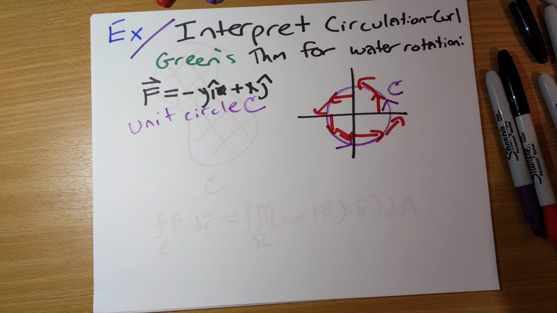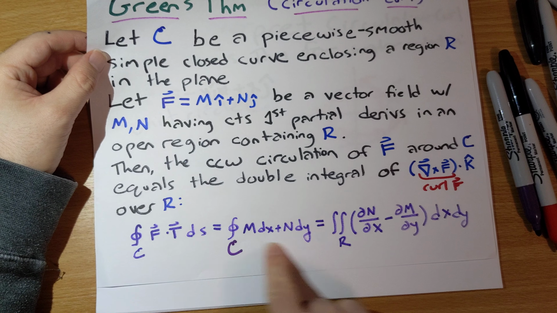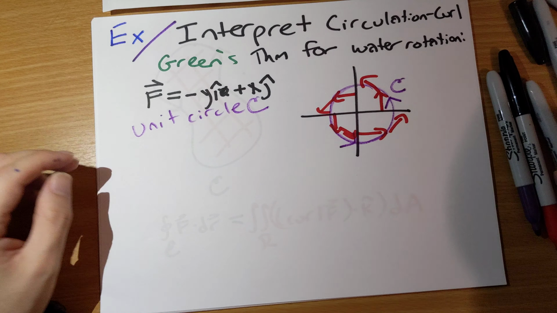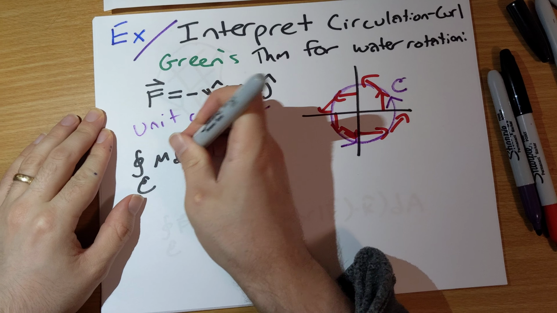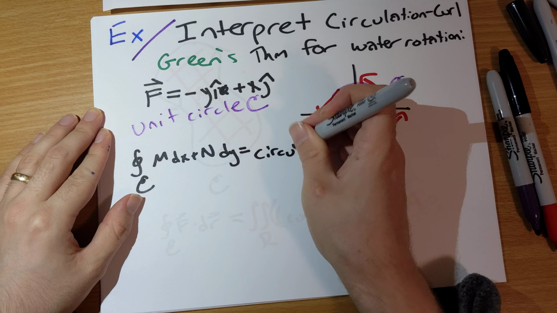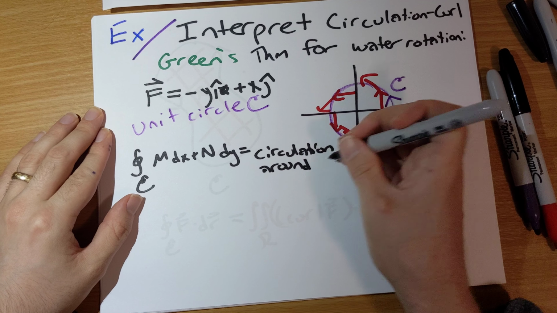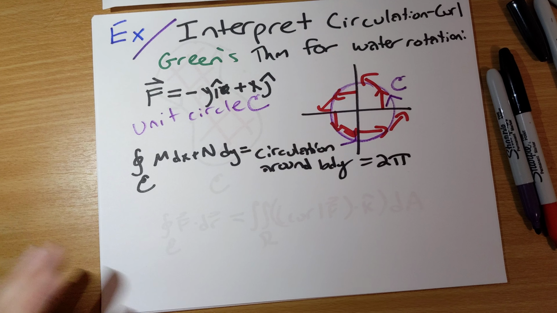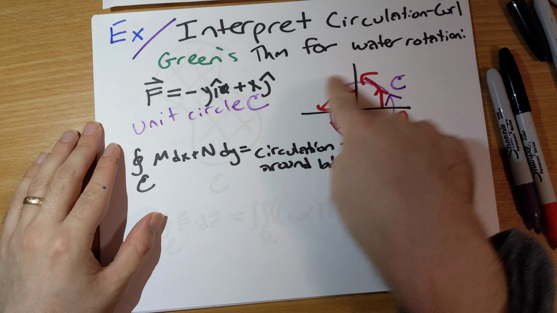So what the right side of this is saying has to do with how much flow. The integral of M dx plus N dy is equal to the circulation around the boundary, around the unit circle. If you crunch it out, you get 2 pi. How much water is flowing around the circle?